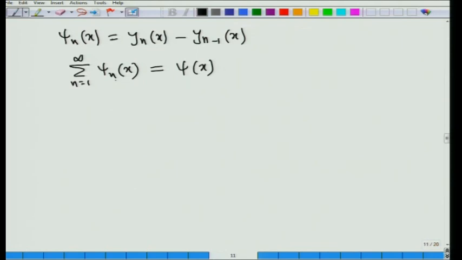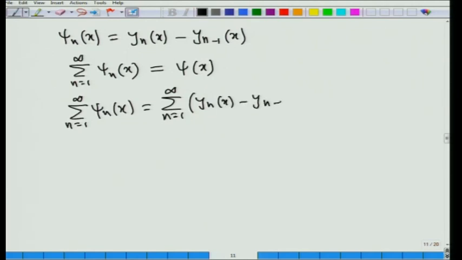Now, if we look at this particular series, summation n running from 1 to infinity psi_n(x), this is equal to summation n running from 1 to infinity y_n(x) minus y_{n-1}(x), which is nothing but the limit as n tends to infinity of y_n(x) minus y_0(x), because in the summation we will have y_1 minus y_0 plus y_2 minus y_1 plus y_3 minus y_2 and so on.